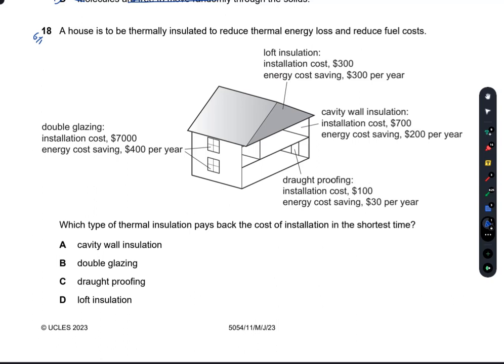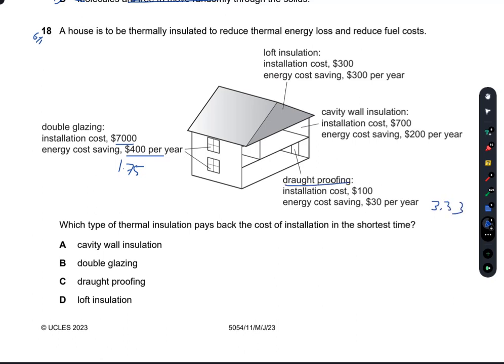So the double glazing installation cost is 7,000 and the energy cost saving is 4,000 per year. So that will approximately take 1.75 years for double glazing to return its money. Whereas for draught proofing, it will take 100 divided by 30, which is 3.33 years.